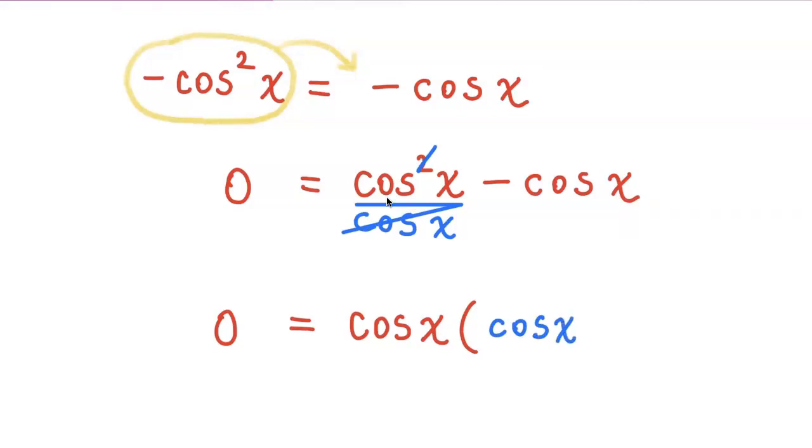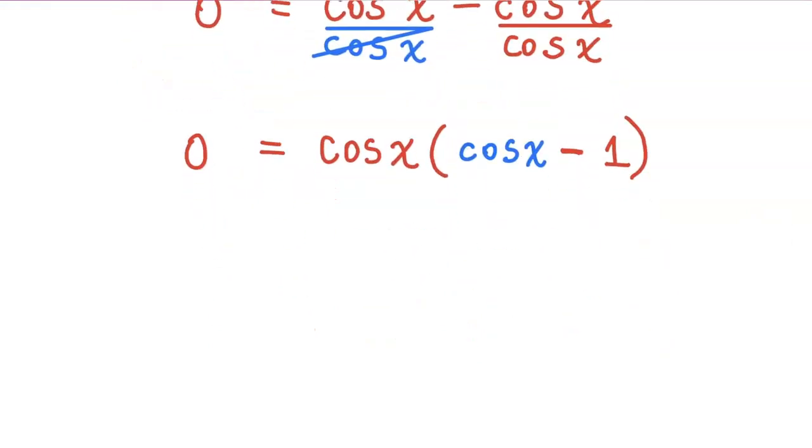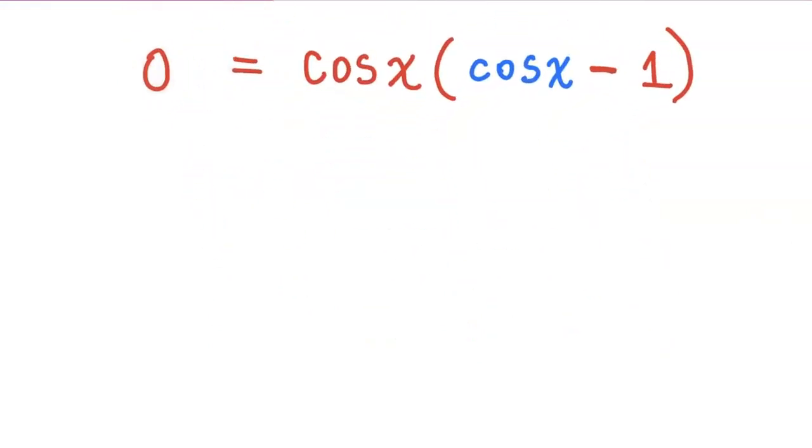Now let's move on to the next term. Minus, if you divide cosine x by cosine x, anything divided by itself is equal to what? 1. So we factored out cosine x. Now we have this product that equals 0. So what we're going to do is set each of these equal to 0.